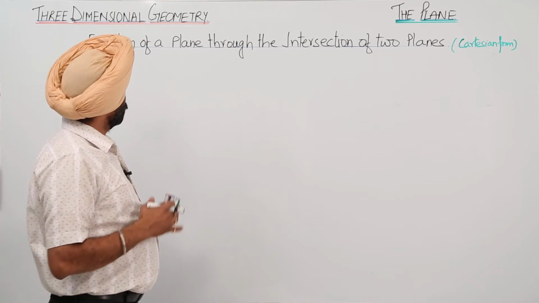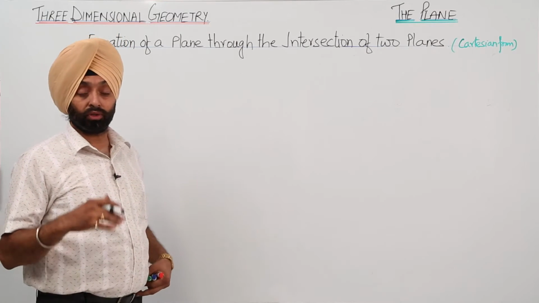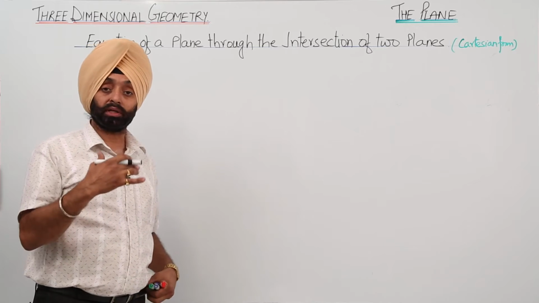Equation of a plane passing through the intersection of two planes. Now we are going for the Cartesian form.